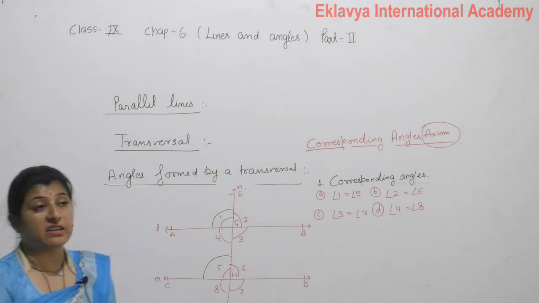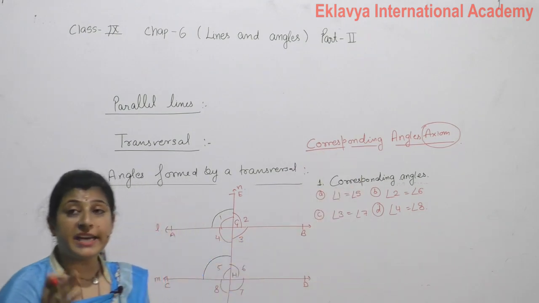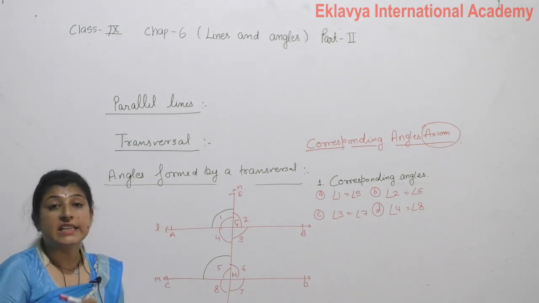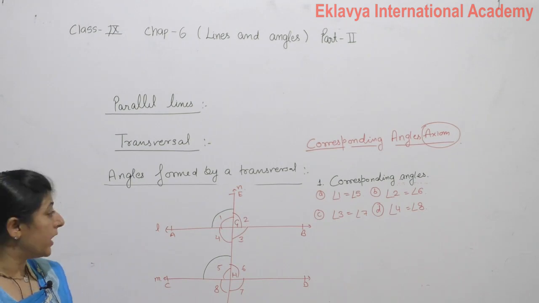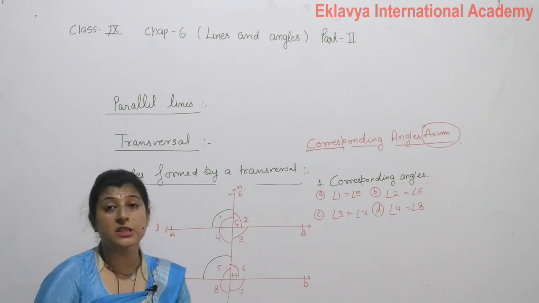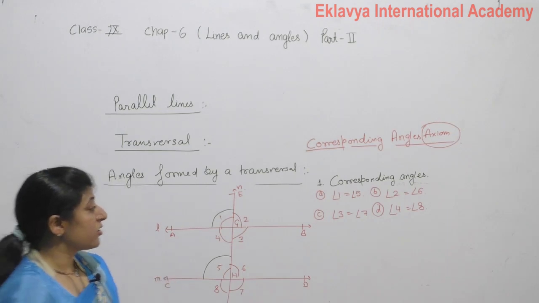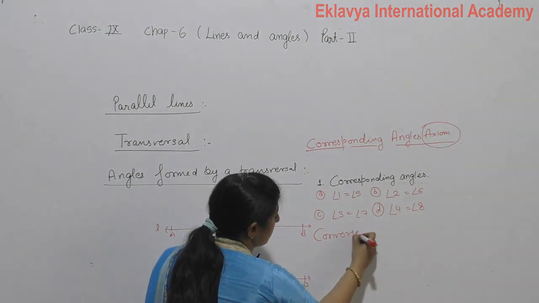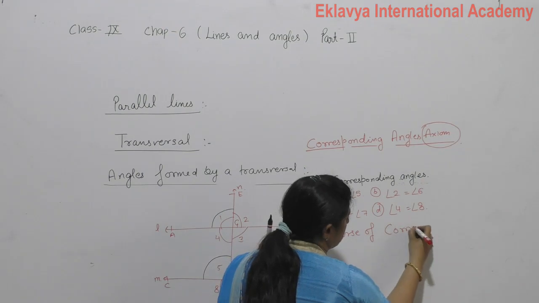What is the statement of the corresponding angle axiom? When a transversal intersects two parallel lines, then their corresponding angles are equal. This is the corresponding angle axiom. Here we also talk about the converse of the corresponding angle axiom.